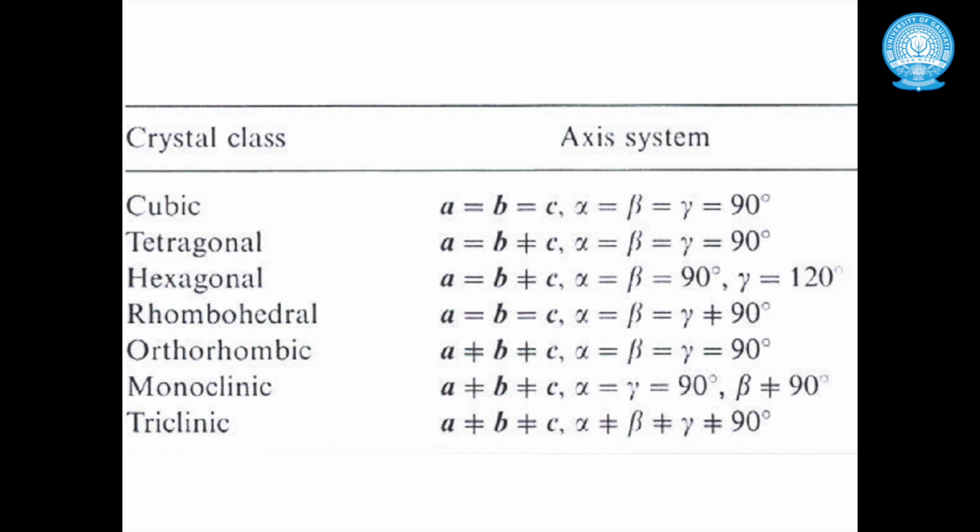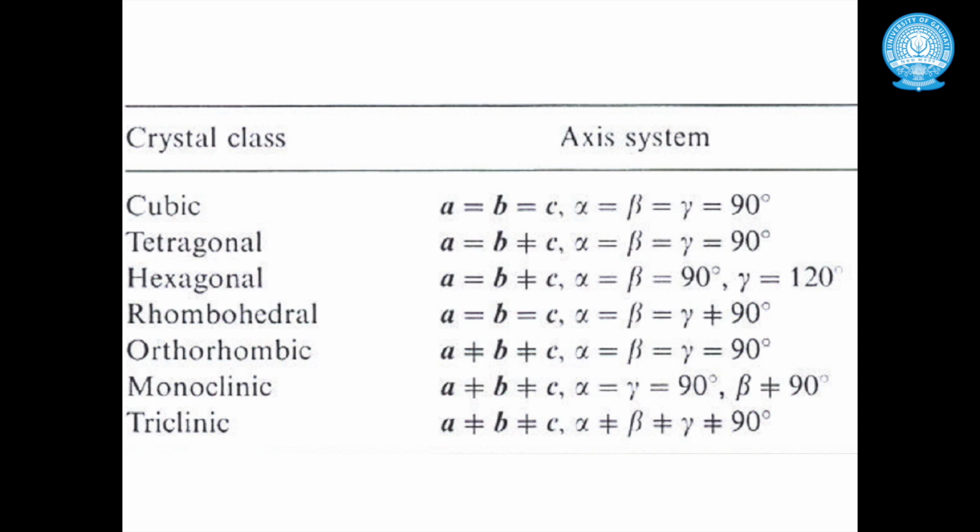Now in a cubic crystal, the physical parameters are A equal to B, B equal to C, which means that alpha is equal to beta and beta is equal to gamma, and all of these are equal to 90 degrees. Similarly, for other crystal classes we have different angles and different degrees.